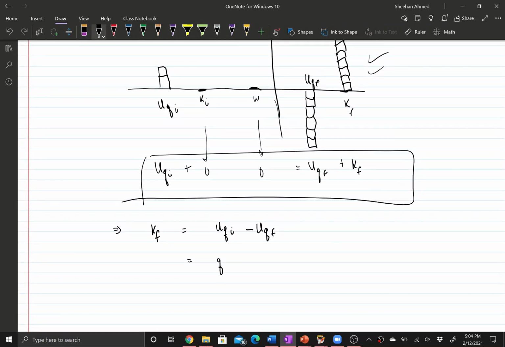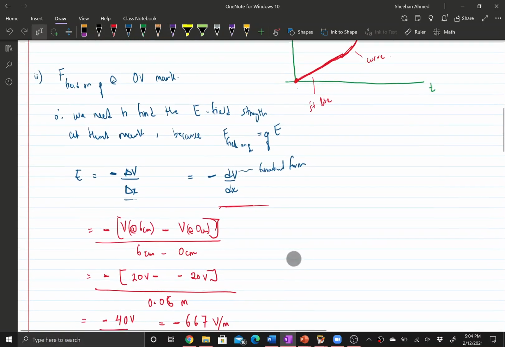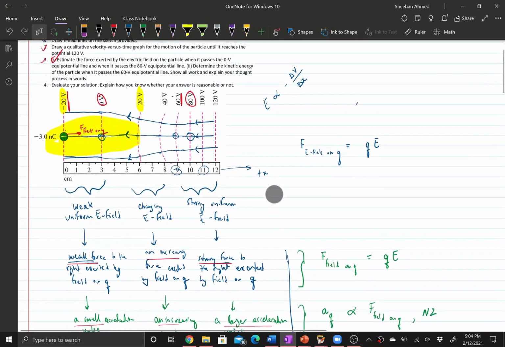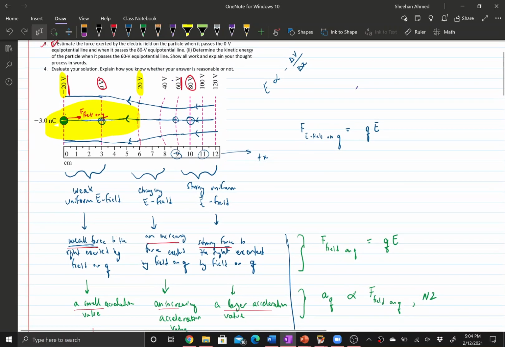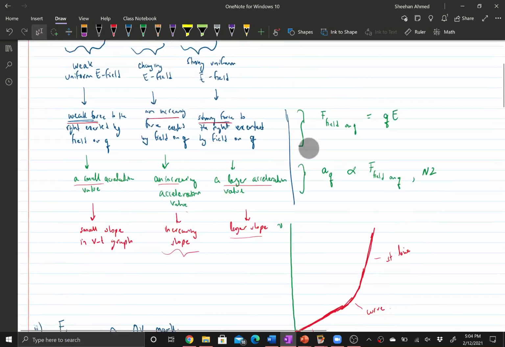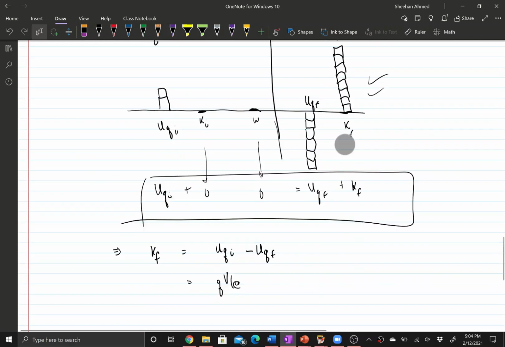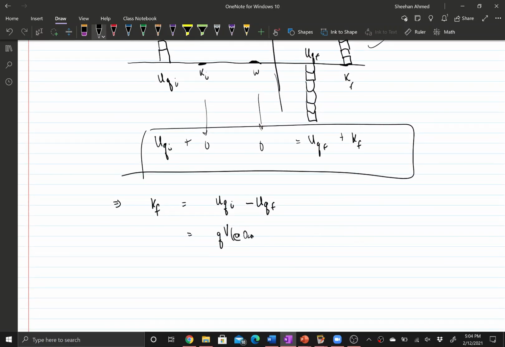So the charge times V at what value? Where did we start? We started at 0 centimeter, which is minus 20, and we end at 9, which is 60, at 0 centimeter minus Q, V at 9 centimeter.